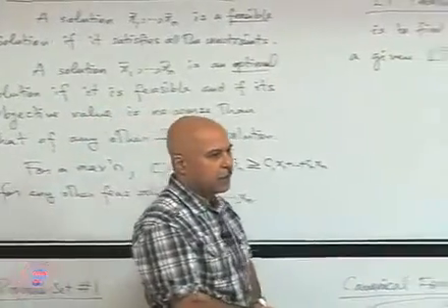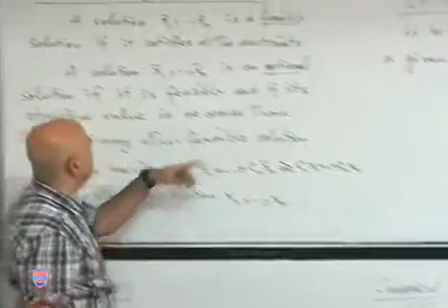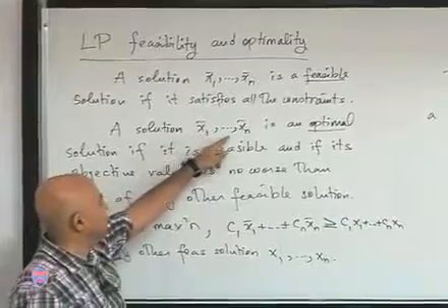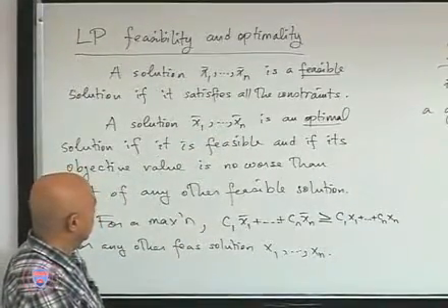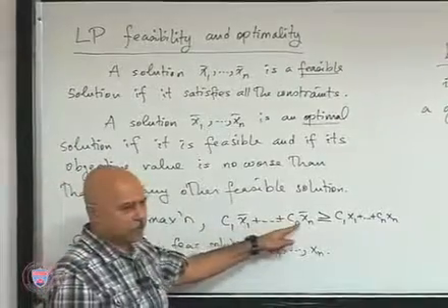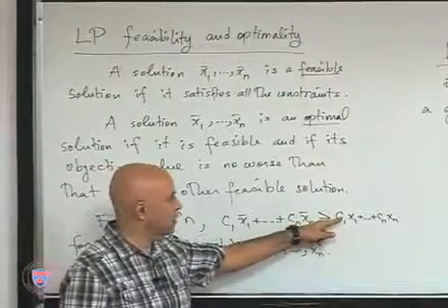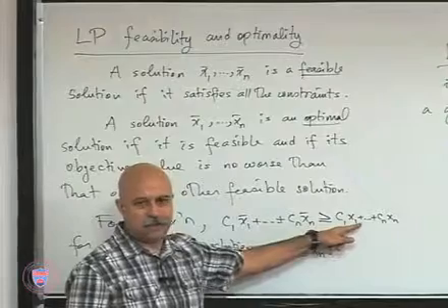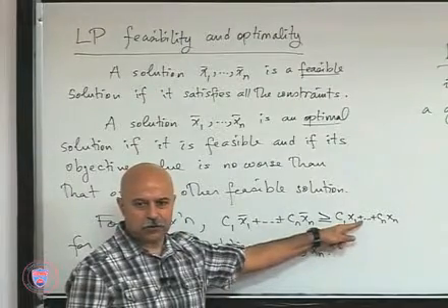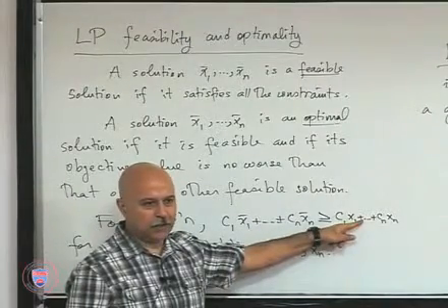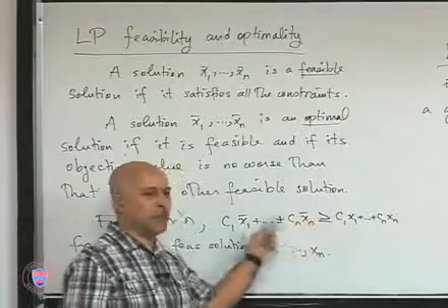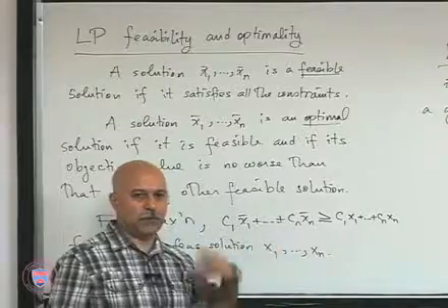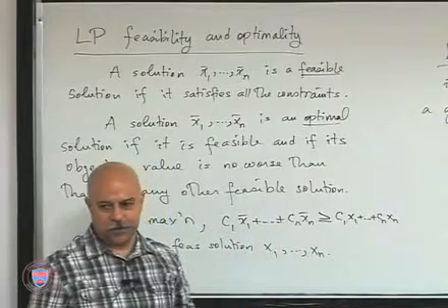That happens whenever you pick a feasible solution, such as the barred solution here, and check whether its objective value is at least as good as that of any other feasible solution, and it turns out that it is not. There will always be another feasible solution which is better in objective value, and this will be true for any feasible solution on hand.